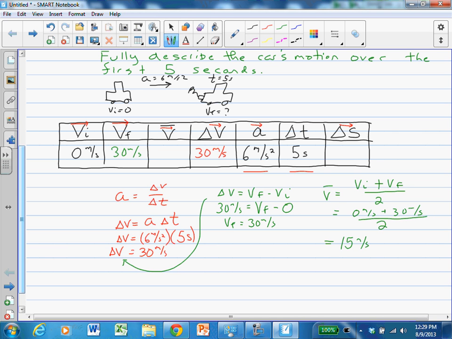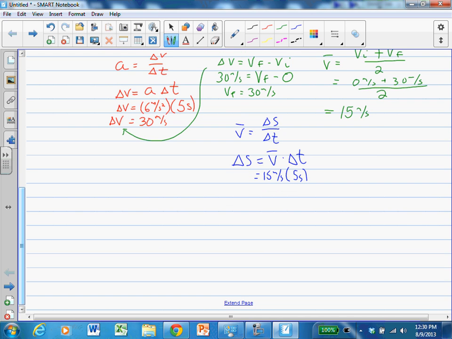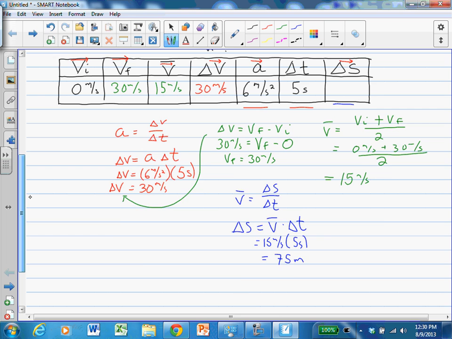So I could plug that in here. Now, delta S, we can come back to the V bar equation, the other one, which is delta S over delta T. Now that will mean that delta S is V bar times delta T, wouldn't it, if you bring the delta T up? So our V bar is 15. Our delta T is 5 seconds. 15 times 5 is 75 meters. So that will go in here.